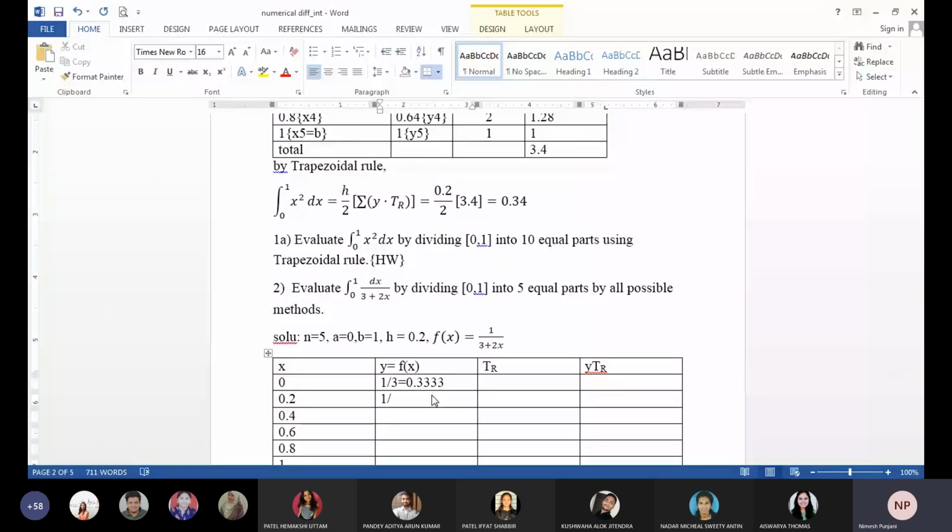Okay, so what will we get in fraction? Then we will go to the decimal. In terms of fraction, what will I get? It will be 1 divided by 3.4.